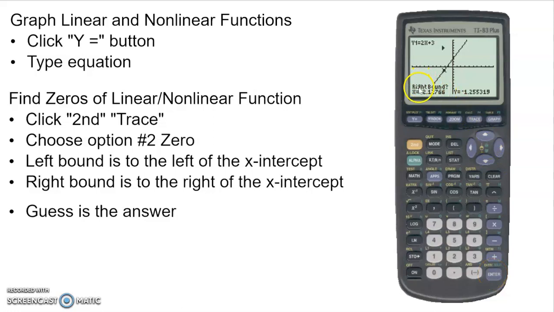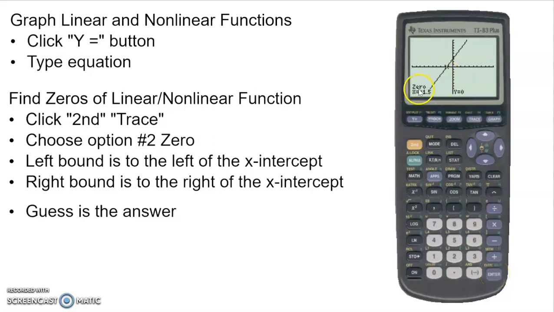Then you notice it says right bound. That means I have to go to the right of the x-intercept, which means I have to go above the x-axis. Once I'm there, I hit enter, and then it says guess. The guess means I now have to determine what my answer, my x-intercept, would be. So I hit enter a third time.